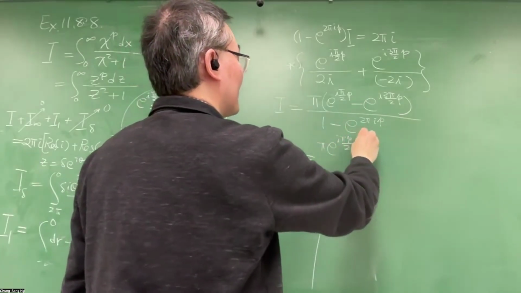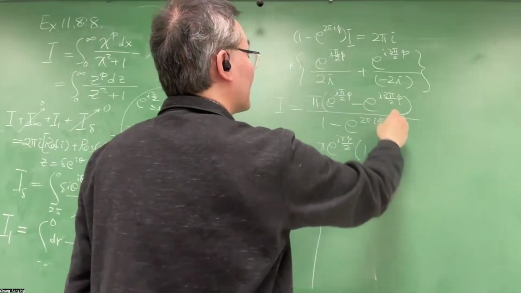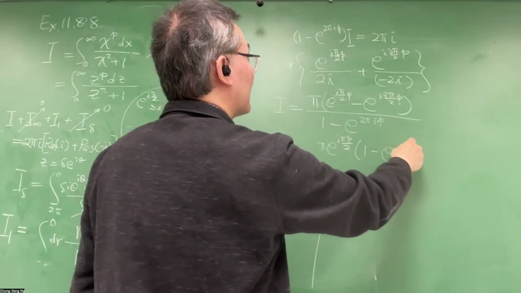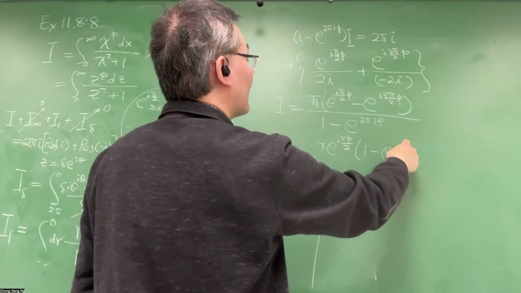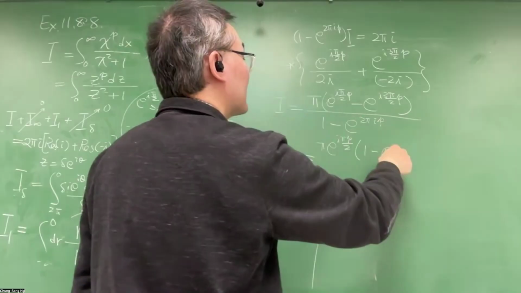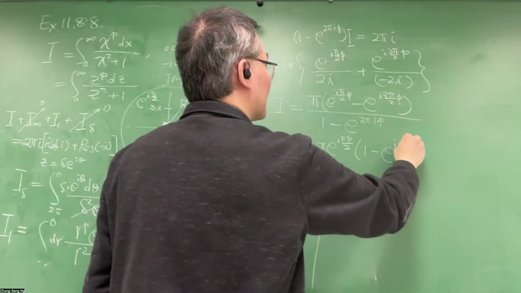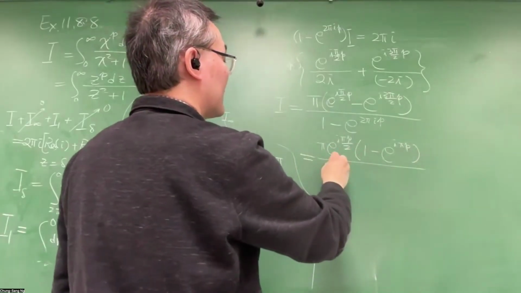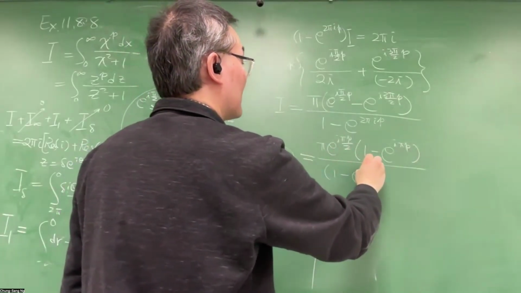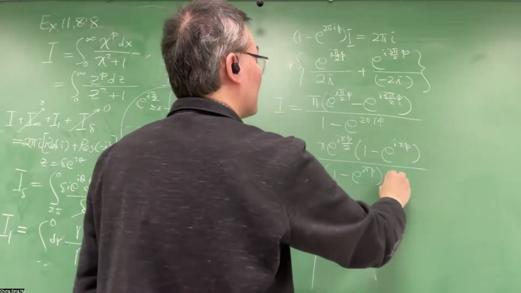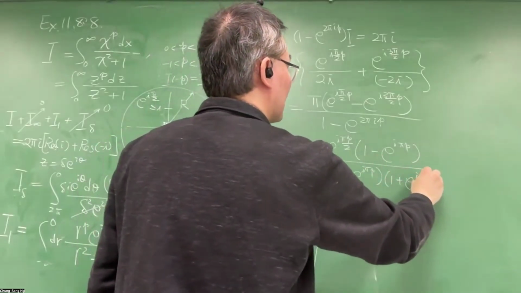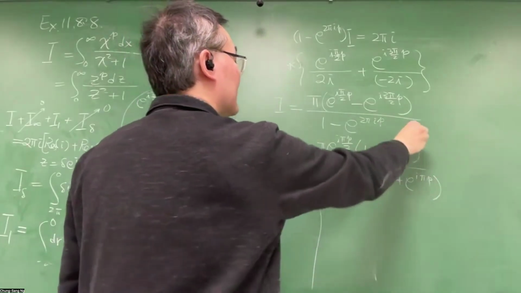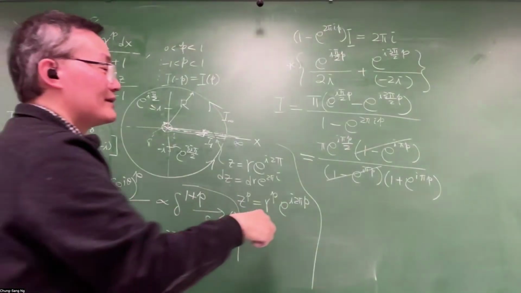Taking that out, right? This becomes 1 minus e to the, we have minus 1/2, is just pi, right? And divided by that, that is 1 minus e^(i pi p) times 1 plus e^(i pi p). At least we can cancel one of these. All right.